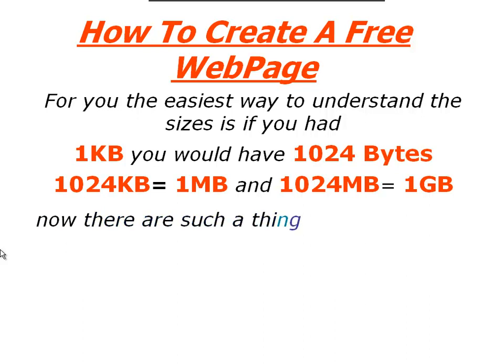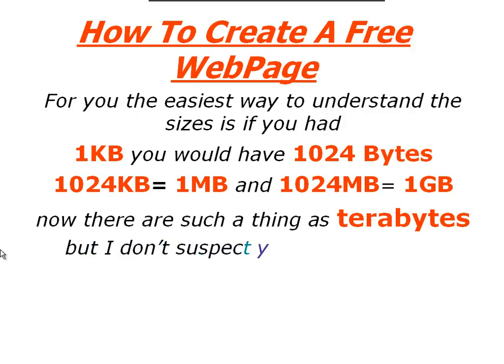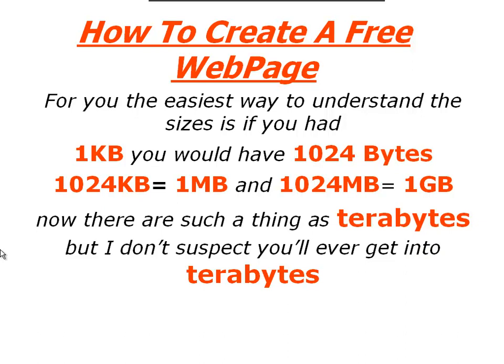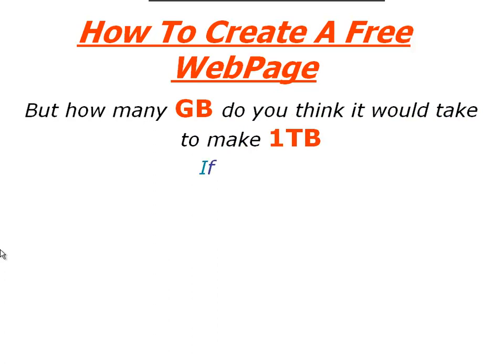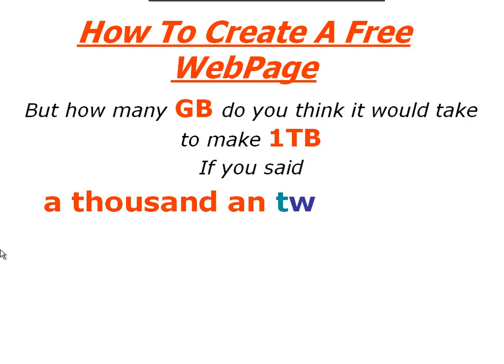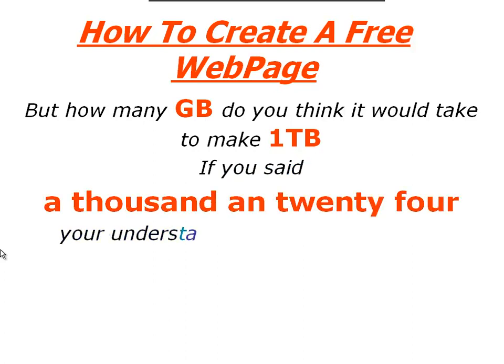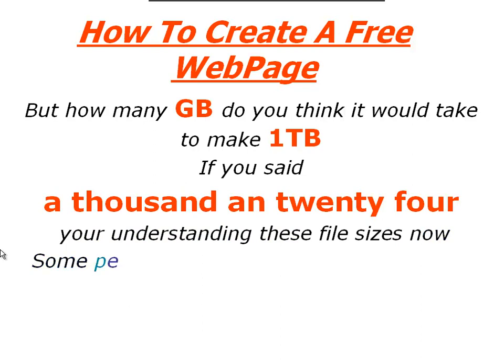Now there is such a thing as terabytes, but I don't suspect you'll ever get into terabytes. But how many gigabytes do you think it would take to make 1 terabyte? 1024. You're understanding these file sizes now.